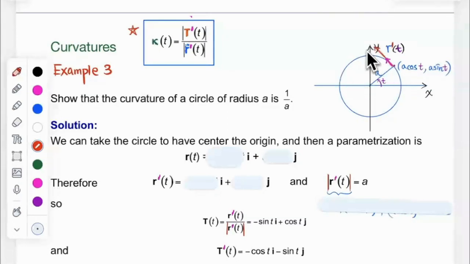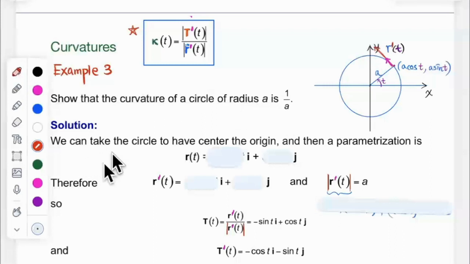Remember, curvature measures how quickly the curve changes direction at each point, right? So once you see along this circle, how quickly the curve is going to change direction. According to this, it looks like the way that it changes direction is 1 over a.